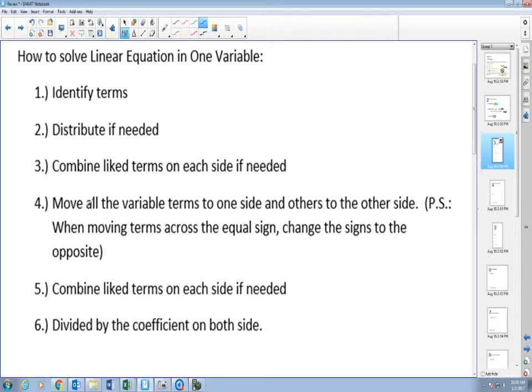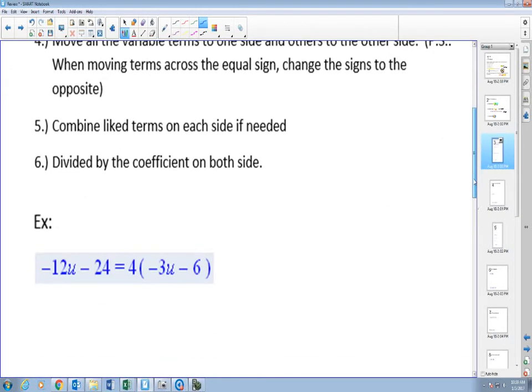Then we move all the variable terms to one side of the equal sign and move everybody else to the other side. When we move terms across the equal sign, we change the sign to the opposite one. So step number 4 is where I write it out slightly differently. I just want you all to see how I write it out. Then we combine like terms, and the last thing we do is divide by the coefficient.